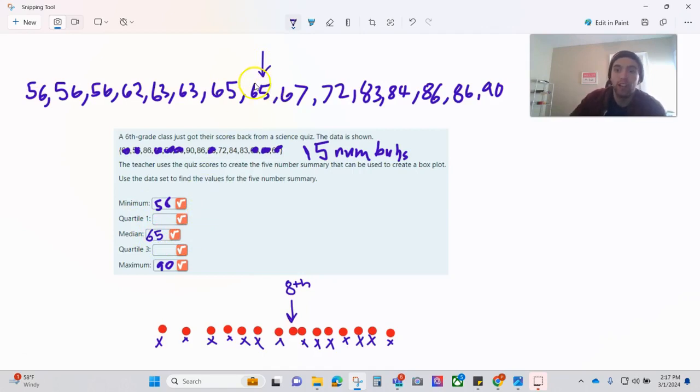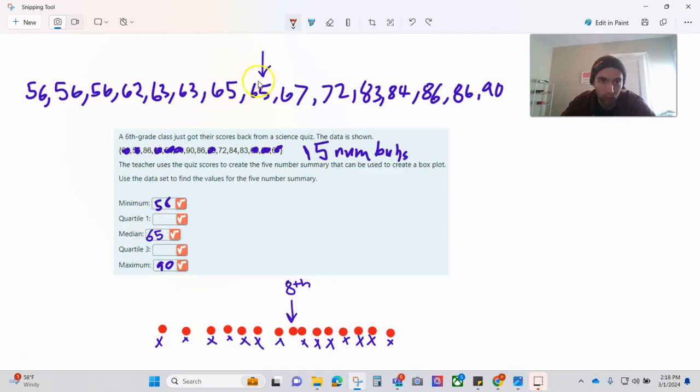Now, when a number is the median, this number is included in both the small half and the big half. So it's kind of like the small half has 8 numbers and the big half has 8 numbers, because that median is kind of like a traitor.